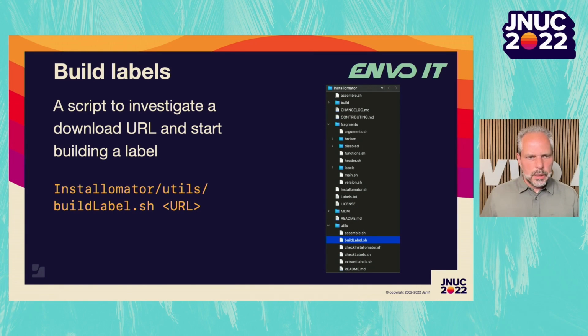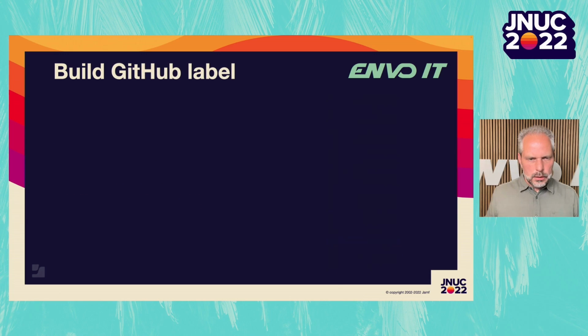So in order to build labels, I will recommend starting out with this script called buildlabel.sh. It is located below the utils folder, and you can download it from there. It just needs to be provided with a URL, and then it can run. So let's look at how we can build an easy label.